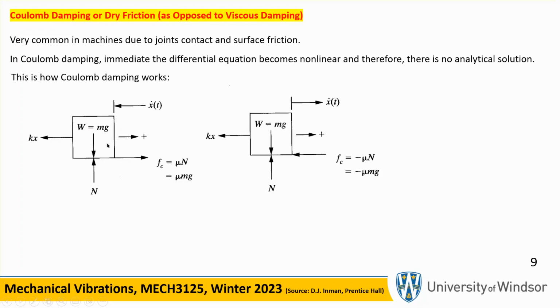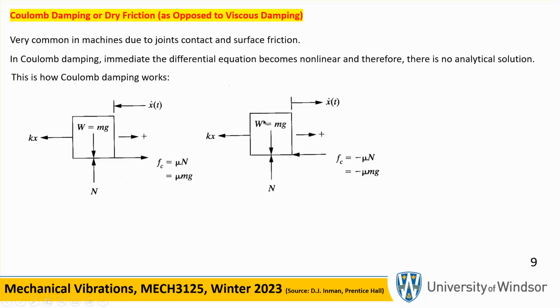If you take a mass, this is the block that is attached to a spring. See that there's a spring force here on the left hand side. Let's say we move this thing to the right. The spring was initially sitting there, and we moved it to the right. Now, if the block is moving to the right, the friction between the block and the surface opposes that motion.